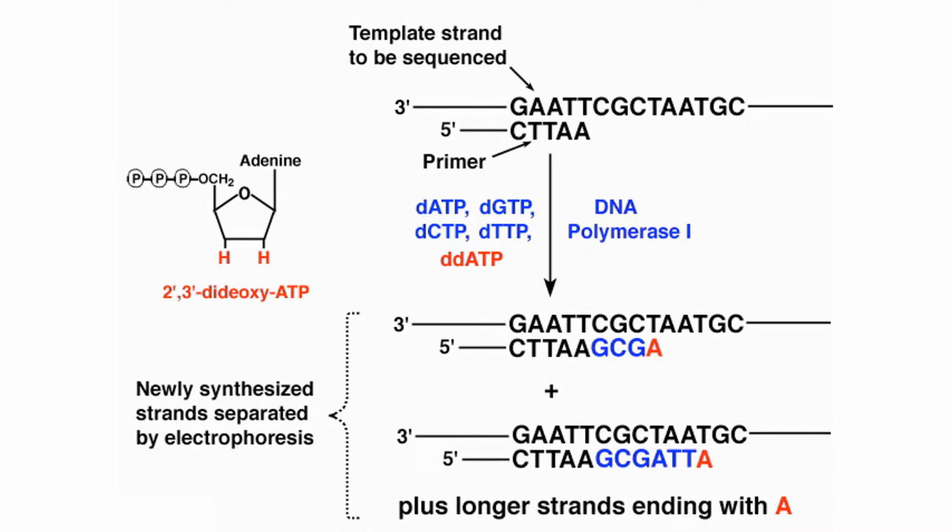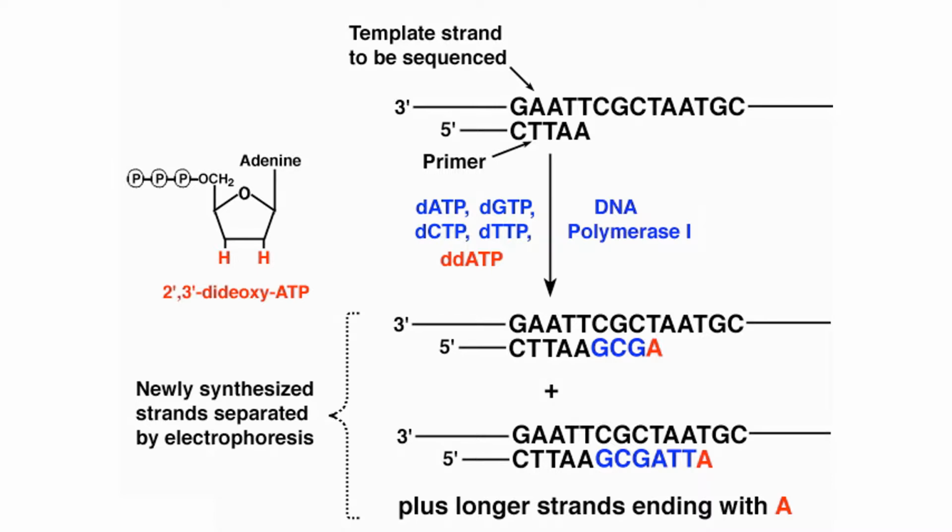So this slide shows what happens when a dideoxy ATP is added to a reaction system. So here's our 2',3' dideoxy ATP. Lacking that 3' hydroxyl, it is unable to accept a new nucleotide, which is required.